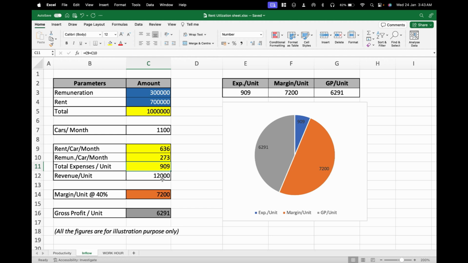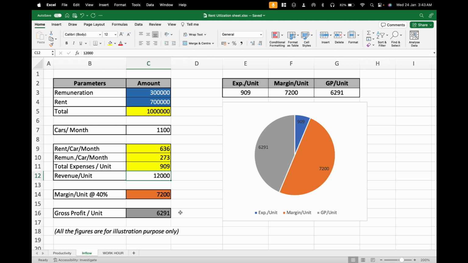Suppose we keep revenue per unit at 12,000 rupees and 40% of revenue is taken as margin, then you are getting 7,200 rupees margin per car. After margin, you need to reduce your expenses. So gross profit is coming to 6,291. It may look higher, but we have not considered other expenses in this.